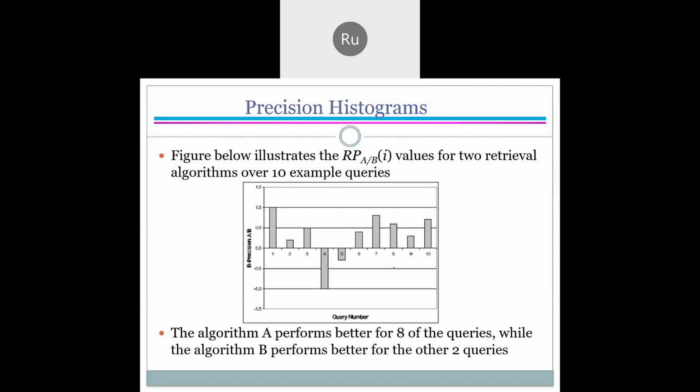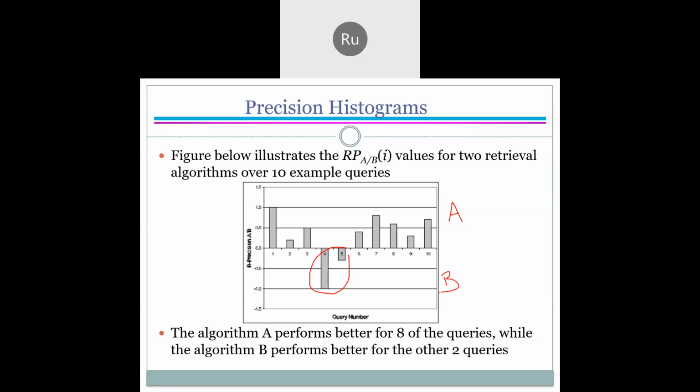At the end, we will have something like this. Algorithm A performs better for 8 of the queries, while algorithm B performs better for the other two queries, which is this one. So this is algorithm A, this is algorithm B.